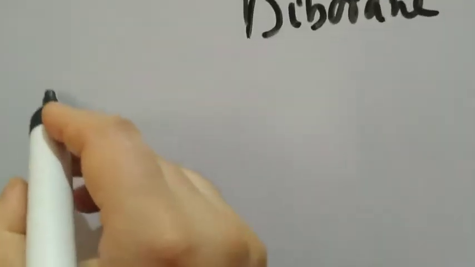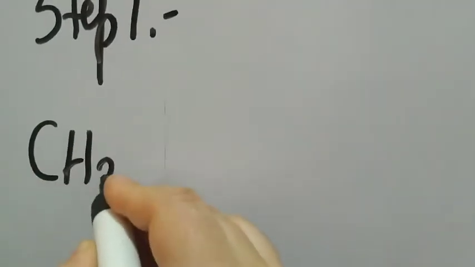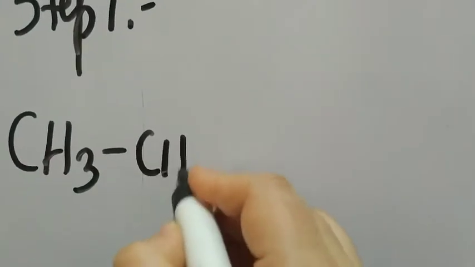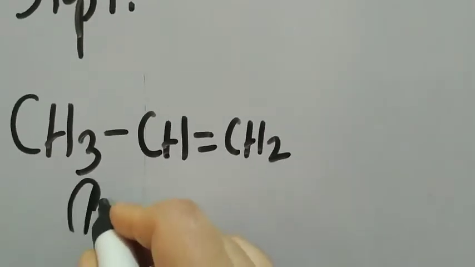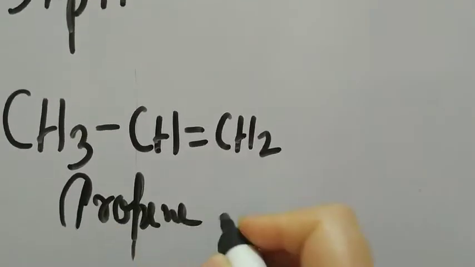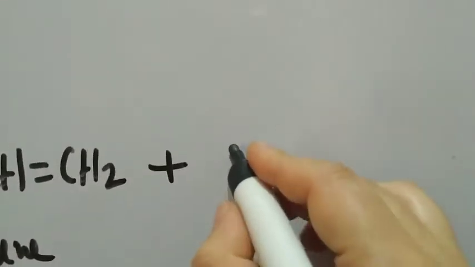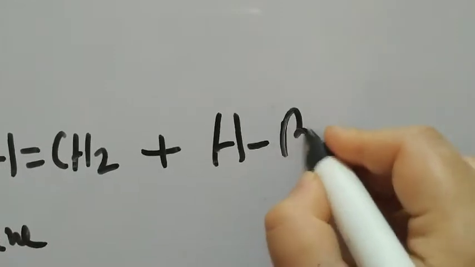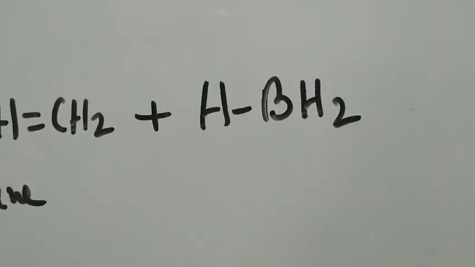Now what happens here is, in the first step we'll do hydroboration. As I said earlier, we start with an alkene like CH3 CH double bond CH2, an unsymmetrical alkene again. The alkene in question is propene, and we'll add the molecule of BH3, and for convenience let's write BH3 as HBH2.